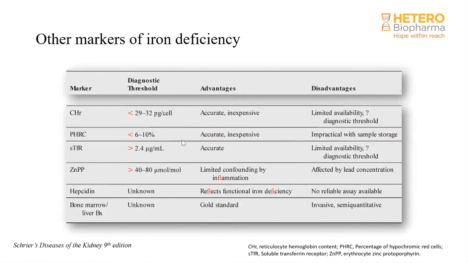So these are more accurate markers in the presence of inflammation. And they are also more sensitive, especially the reticulocyte hemoglobin content and the percentage of hypochromic red cells. This has started to come into clinical practice in some of the centers.